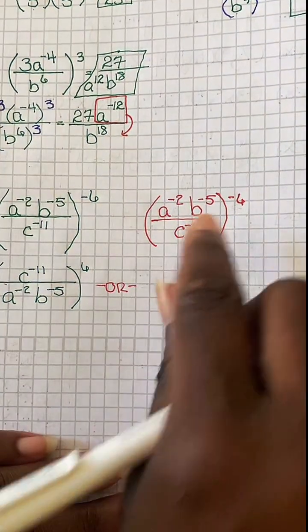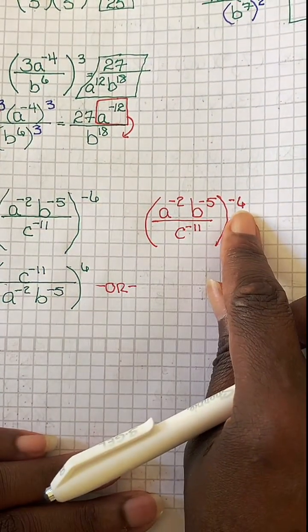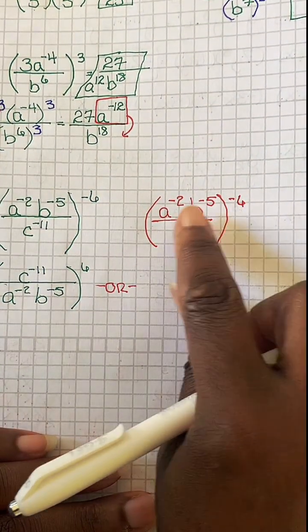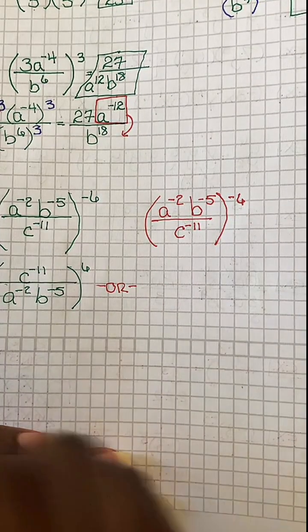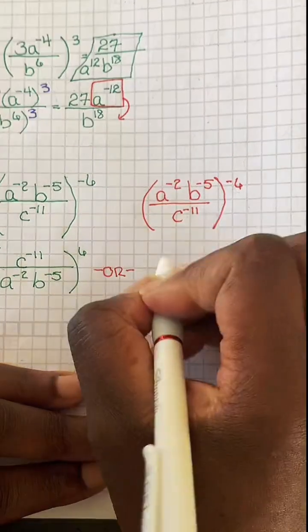Now, I could just go right ahead and raise everything to the negative 6 power. So it's going to look like this.